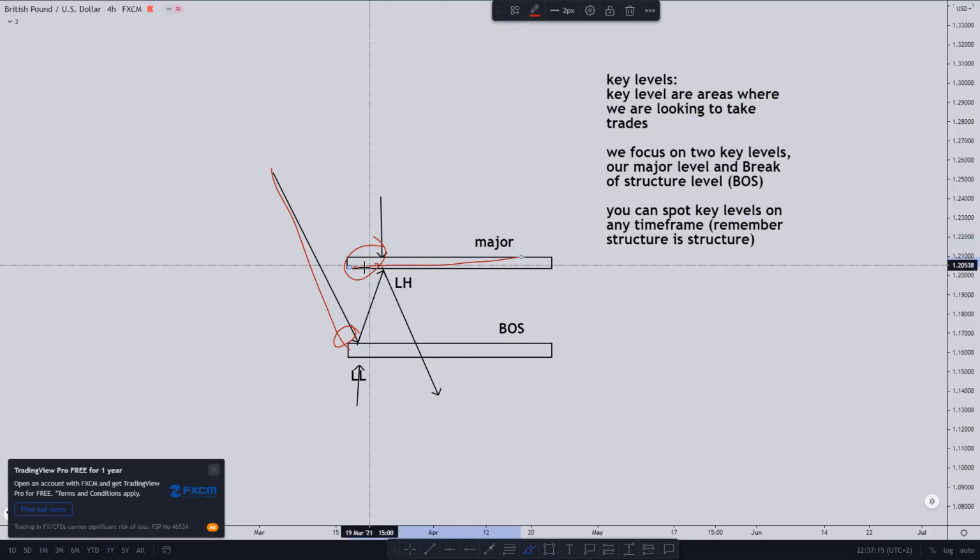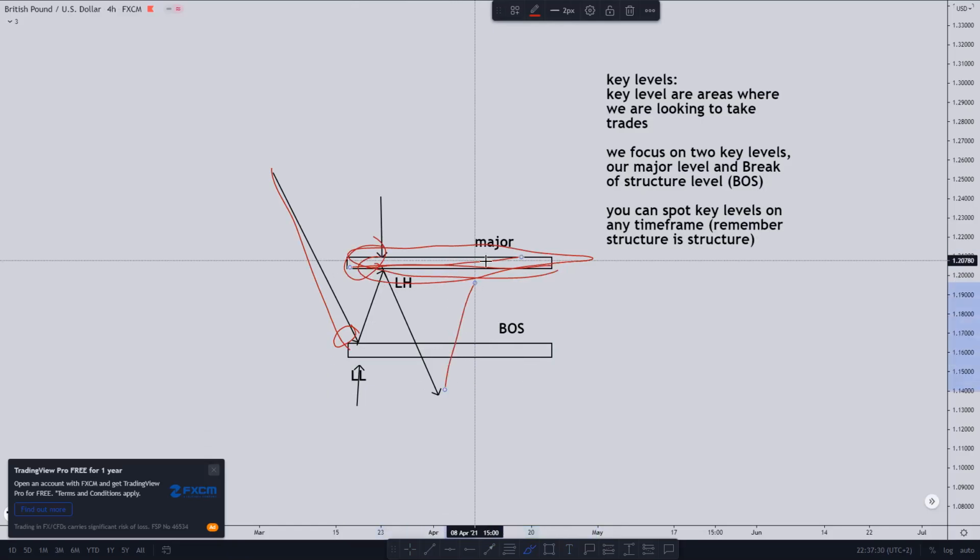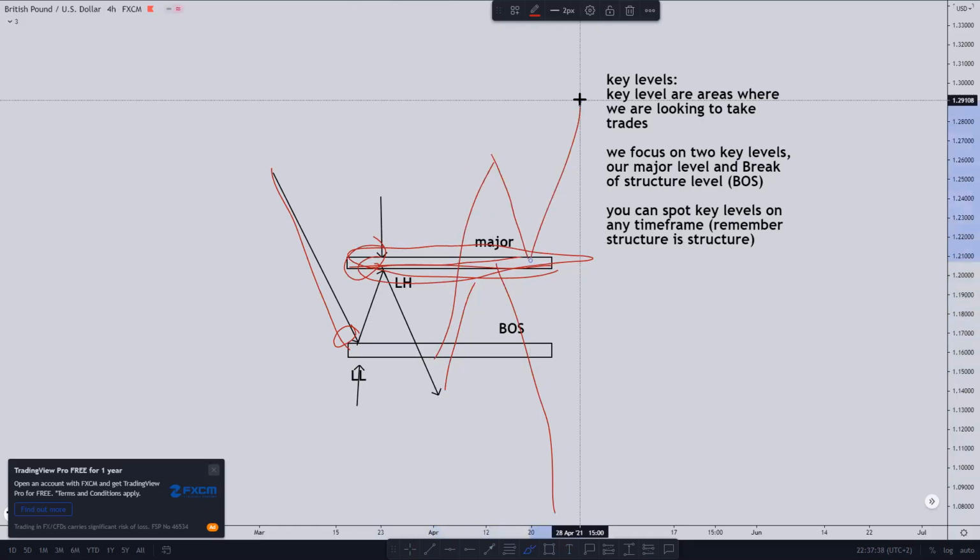This is the area where we're looking for price to come back and retest or break, and then tell us which way we are going. So this becomes a key level where price can either retest it, giving us a sign to continue to the downside, or break it, confirming that we are about to change direction to the upside.